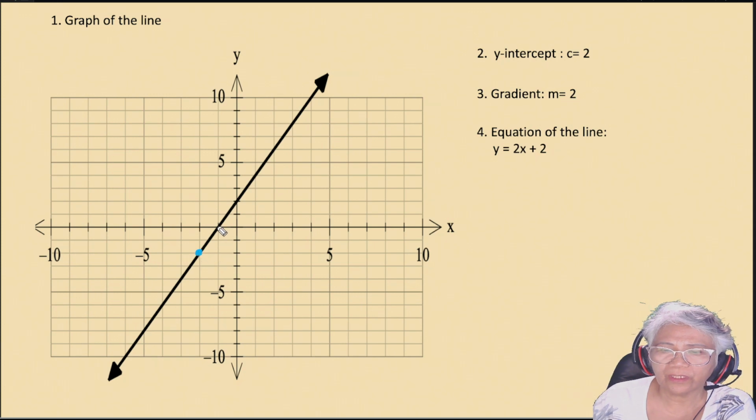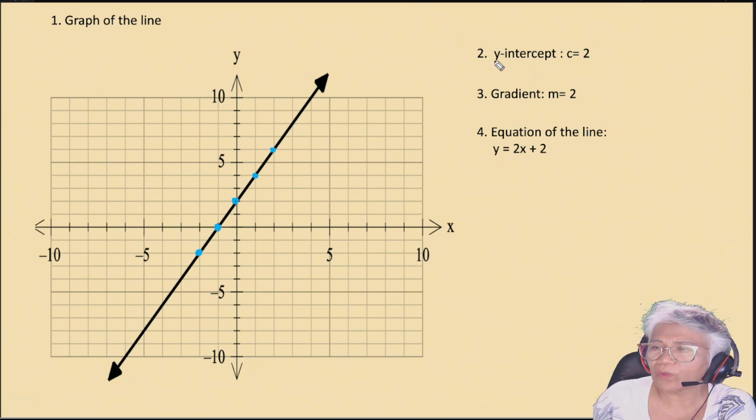Okay, and then negative 1 and 0, and then you have 0 and 2, and 1 and 4, and that is 2 and 6. Okay, so draw that line there.